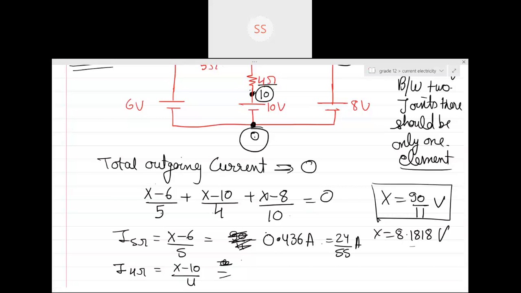So 8.181818 minus 10 is minus 1.818, divided by 4, which equals minus 0.4545.